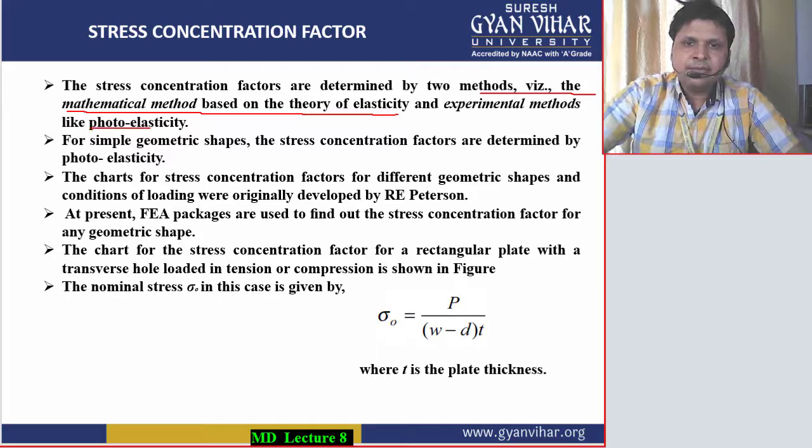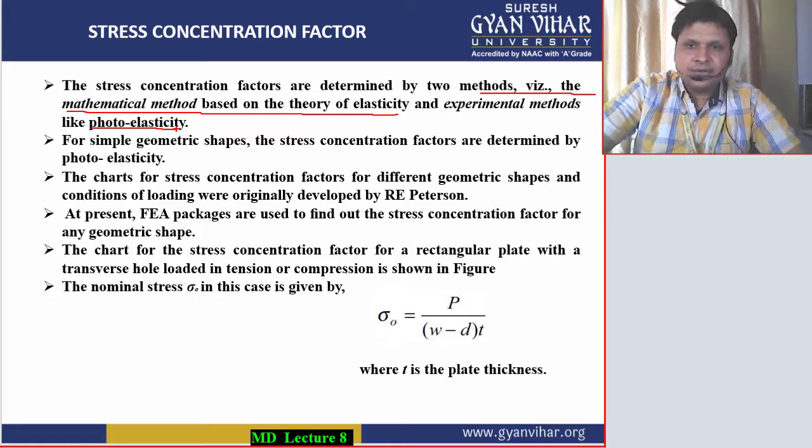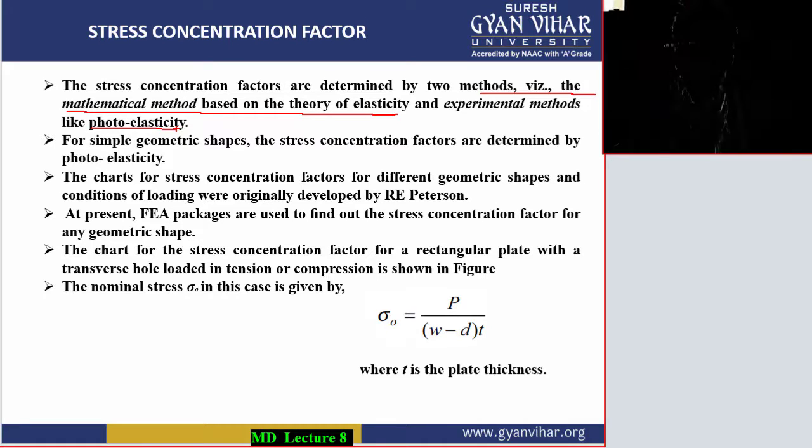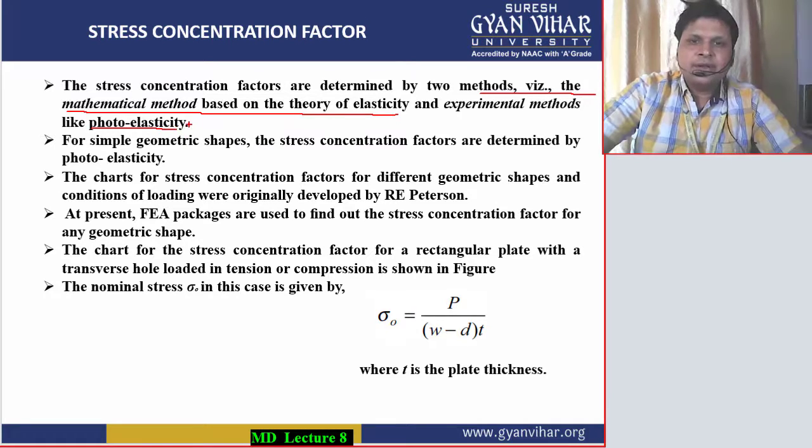In the mathematical method, we will do some calculation and also use some charts for finding the value of KT. In the experimental method, we use techniques like photoelastic techniques for getting the value of the stress concentration factor.